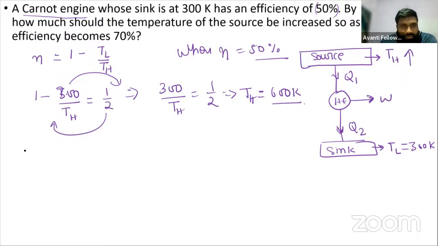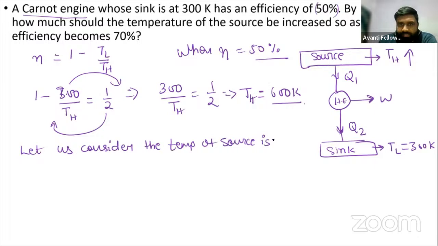Let us consider the temperature of the source is T dash now, after the increment. So what is the efficiency? Eta dash is 1 minus T lower over T higher, so it will become 1 minus T lower divided by T dash.